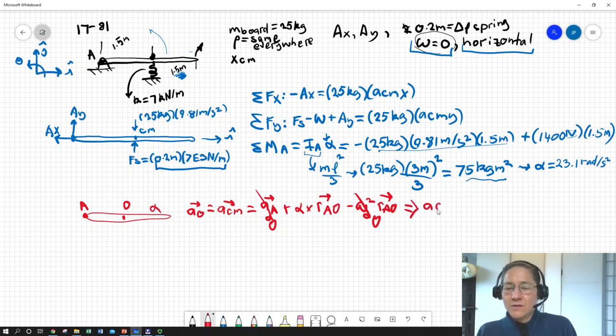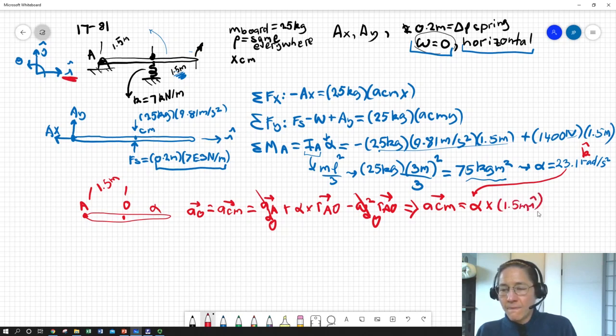So the acceleration of our center of mass is going to be equal to alpha, which I got a number for, and we'll remind ourselves that's in the k-hat direction, since we need to calculate a cross product, crossed into R_AO, which we know what that is. That's 1.5 meters in the i-hat direction.